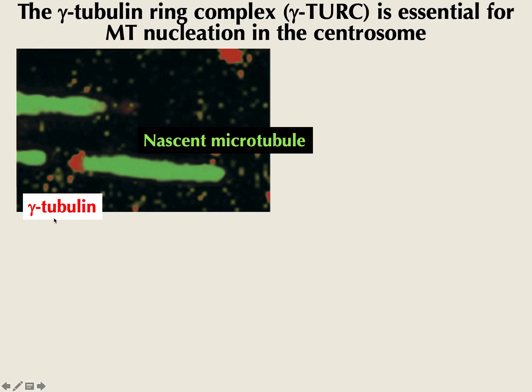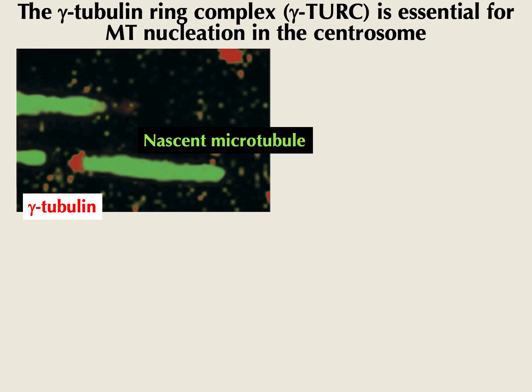When you stain for gamma tubulin in the area of a centrosome near a nascent microtubule, as shown here, you see the gamma tubulin is on the one hand here. And like I was showing you, the negative ends are all anchored or rooted in these MTOCs. Right? And the previous cartoon shows how they are in this pericentriolar material.